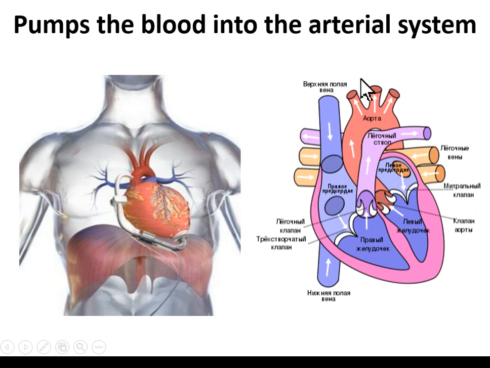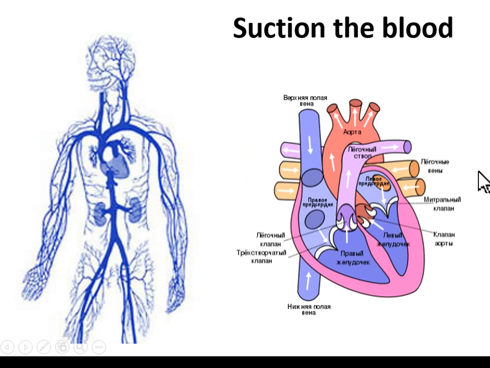It pumps the blood into the arterial system by the biggest artery, the aorta. The heart also suctions the blood from the venous system.